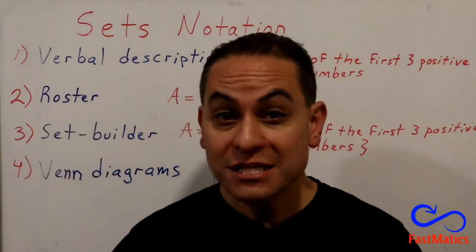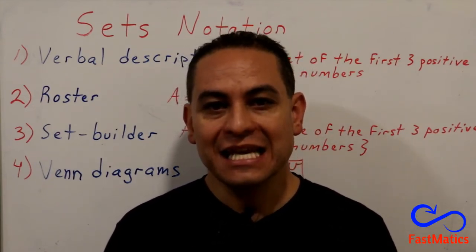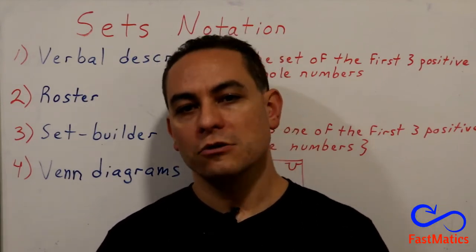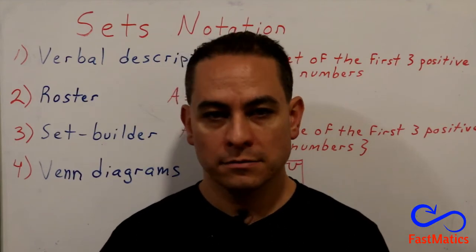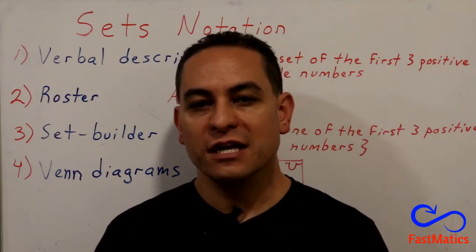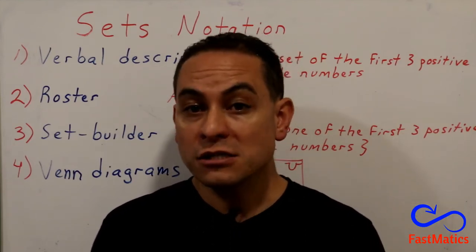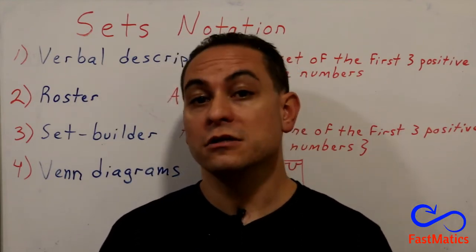But we have not said what is a set. A set is a collection of elements. But those elements must have a common characteristic, because you must know very clearly if one element belongs to that set or doesn't belong to that set.